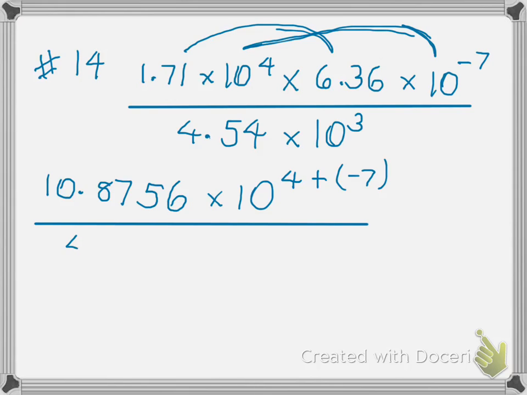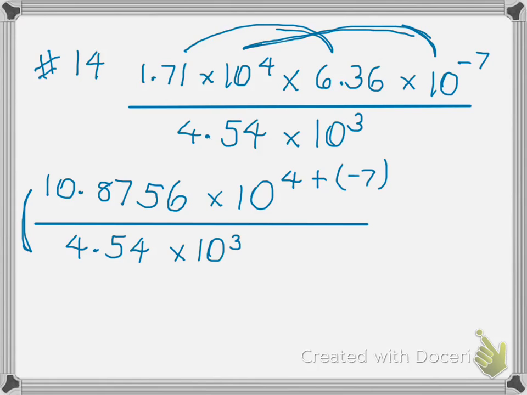And down here we still have 4.54 times 10 to the third. Okay. Now again, we can divide these numbers. So I'll do that. 10.8756 divided by 4.54.